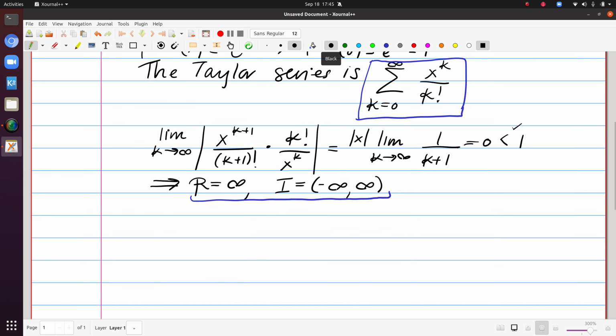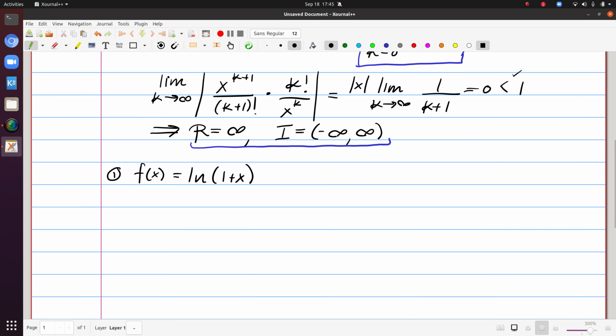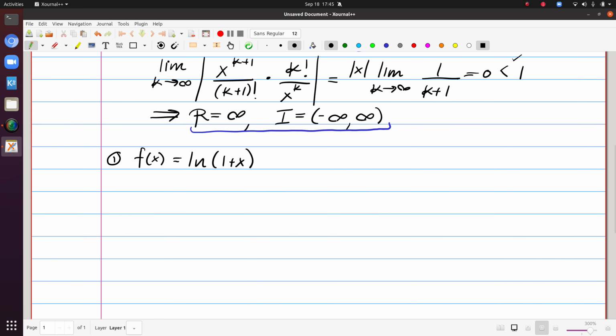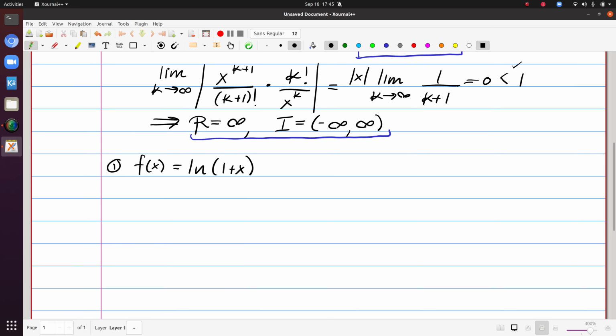Now consider the function f of x equals the natural log of 1 plus x. For this one we have to do a little more work, because the derivatives don't just become the same function. I start with f of x being the natural log of 1 plus x. Evaluating that at the center, f of 0 is the natural log of 1, which is 0.